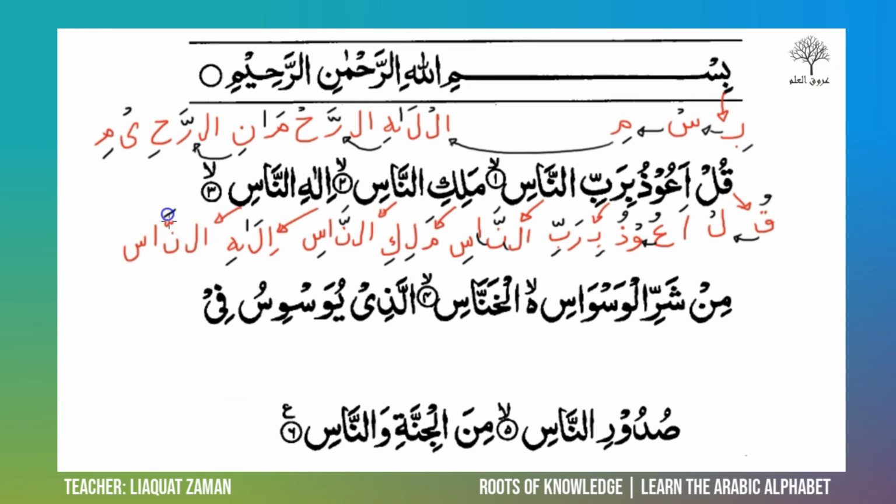So we've done this word before. So again, have a go again. So let's read together. قل أعوذ برب الناس ملك الناس إله. Try again. قل أعوذ برب الناس ملك الناس إله الناس.